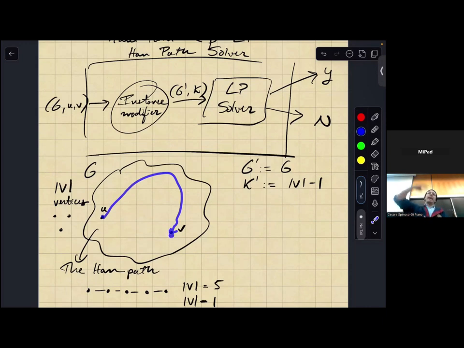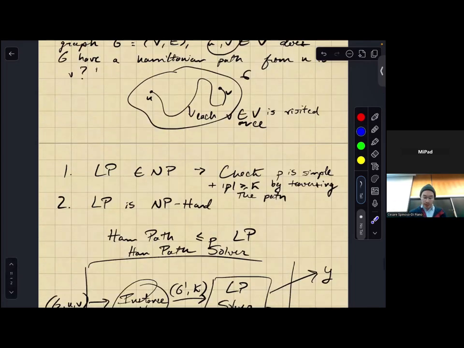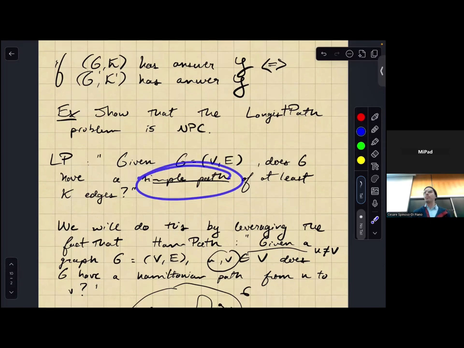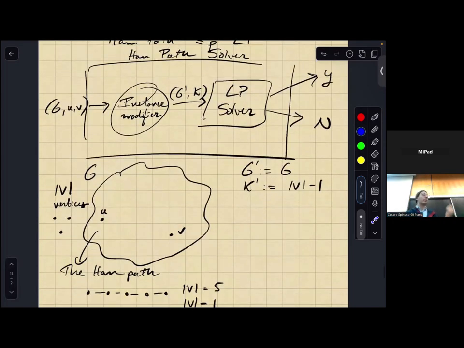I can't have a longer path which is simple, because the restriction is that the longest path should be a simple path, so no vertices should be repeated. So yes goes to yes in this direction is okay.